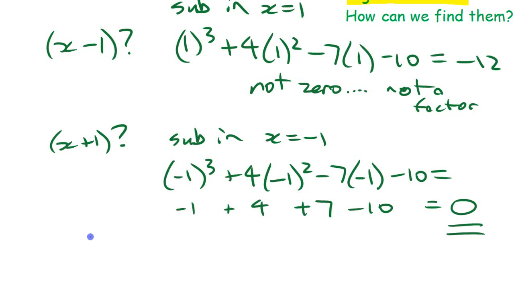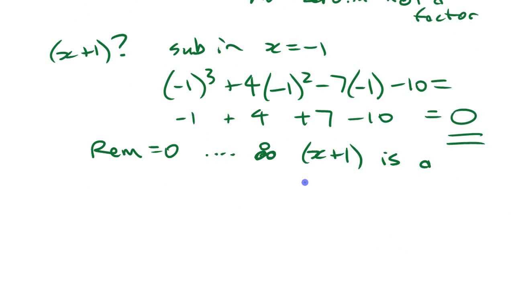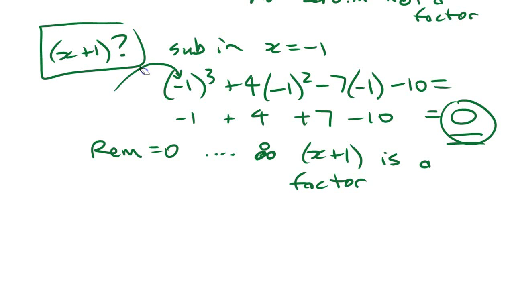When the remainder equals 0, therefore, x plus 1 is a factor. All right? That is a factor. If you have the remainder being 0, then that thing has to be a factor. When you sub in negative 1 and you get 0, it means x plus 1 has to be a factor. All right? So that's one of the factors.